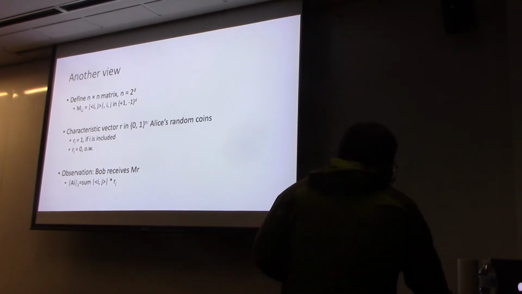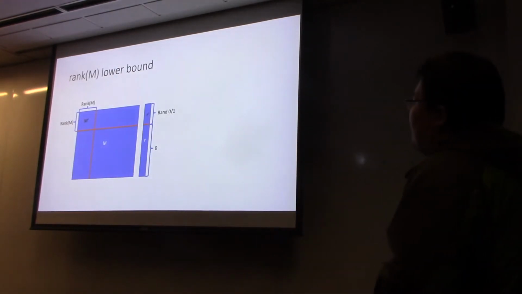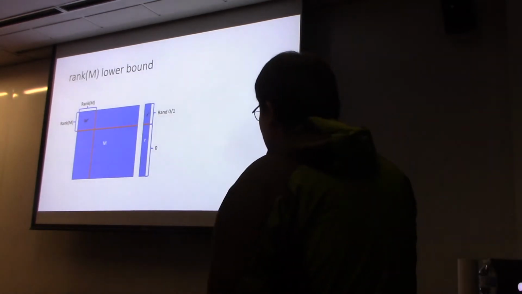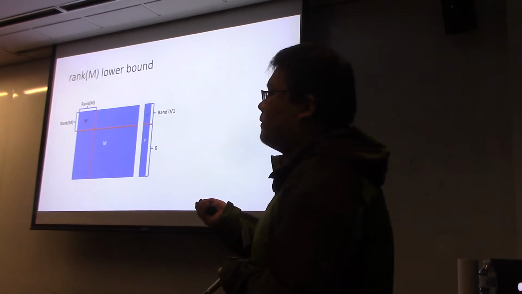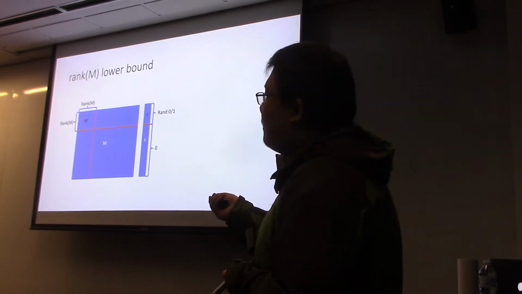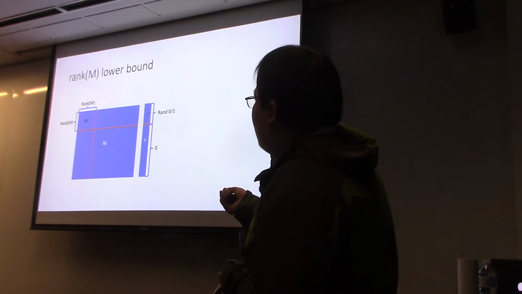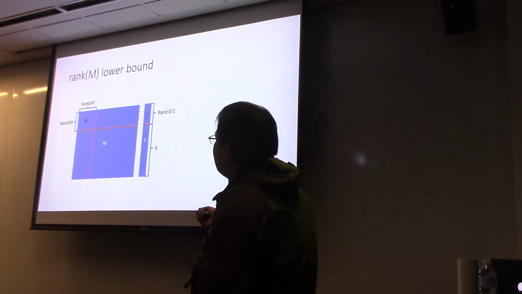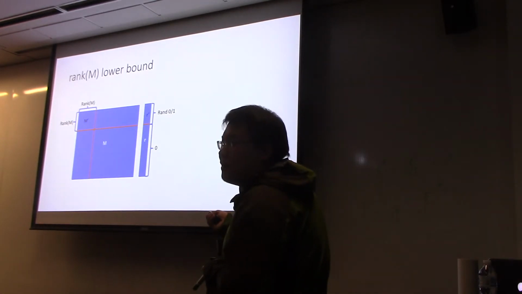Well, why is this true? Let's first say if I do know the rank of M, then what will happen? Let's assume that the left up corner of this M matrix is non-singular. And Alice just includes these rows with probability 1/2. I know the characteristic vector is just 0, 1 here. And what Bob will receive is just this large matrix M times this R vector.